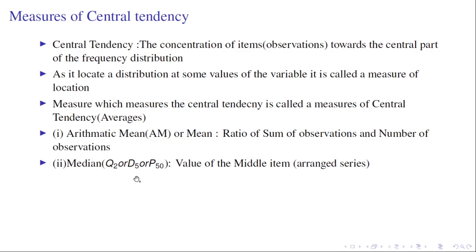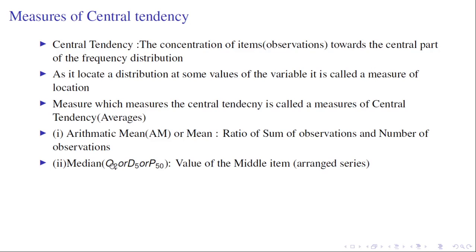What is this? There are three quartiles, Q1, Q2, Q3, which divide the data into four parts. It is the median.